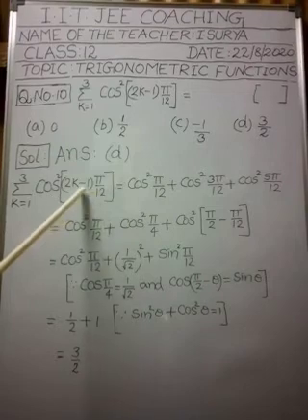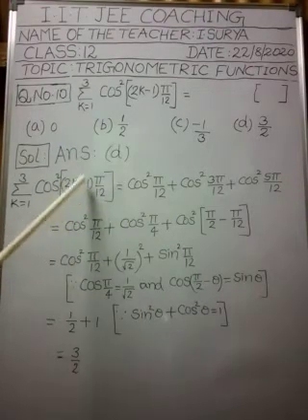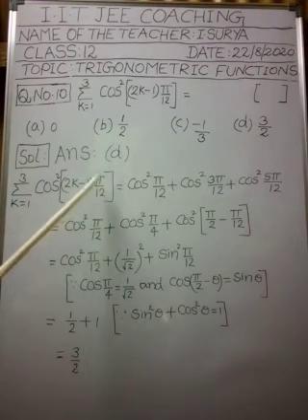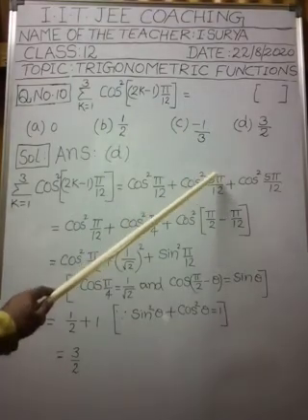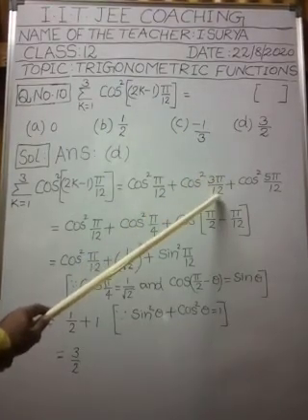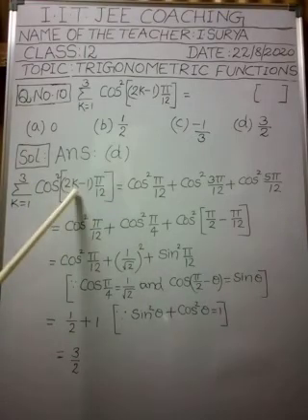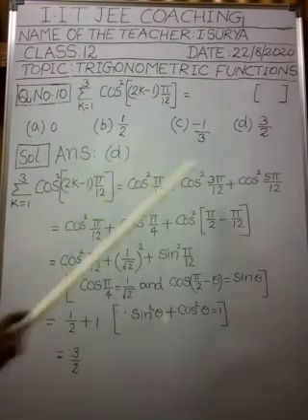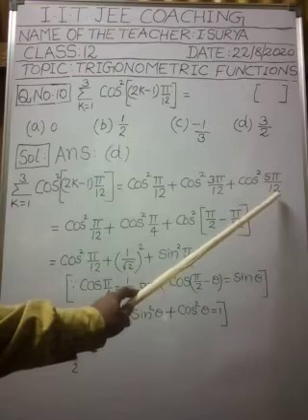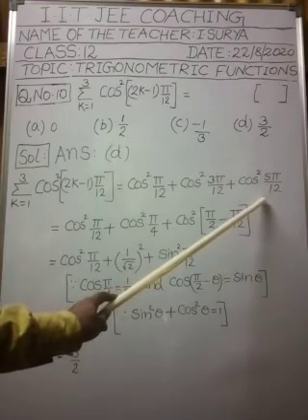If we put k is equal to 2 in this expression, we get second term cos square 3 pi by 12. Understood the second term, my children? Right. Now come to the third term. If we put k is equal to 3 here, we get cos square 5 pi by 12. Understood this third term, my children?